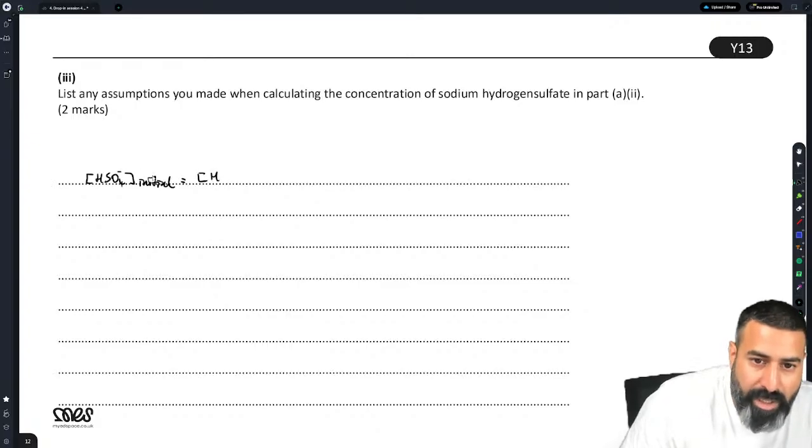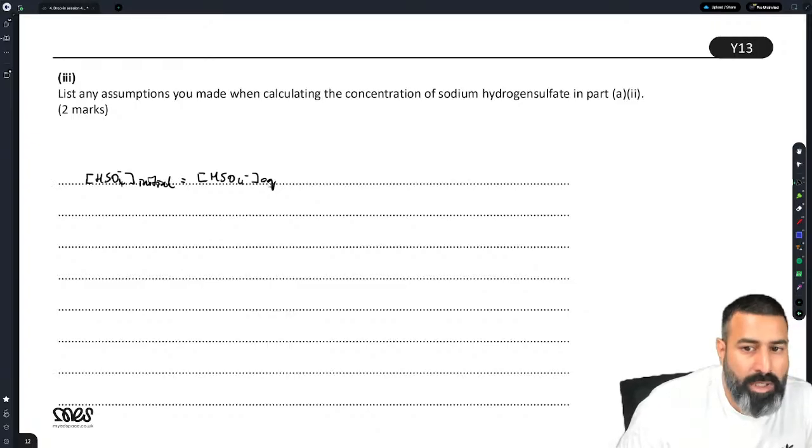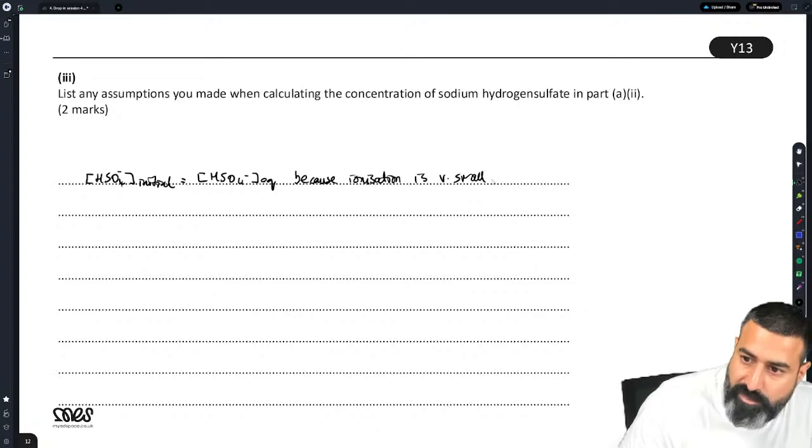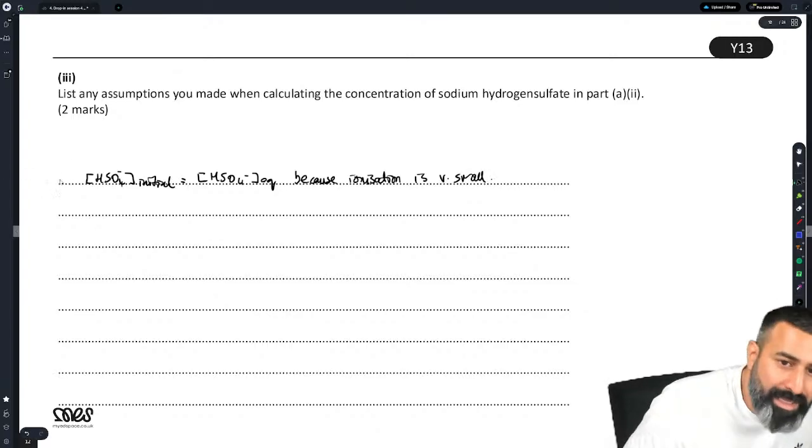My HSO4 minus concentration at equilibrium. Why? Because the ionization is very what? Is very small. Okay, so that's assumption number 1.